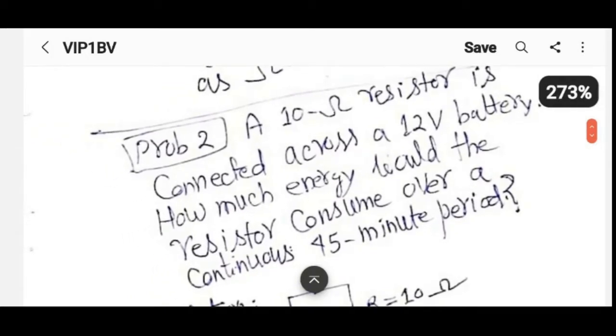Now, the question is, if you have a 12 volt battery connected across a 10 ohm resistor, how much energy would the resistor consume over a continuous 45-minute period? How would you handle this?